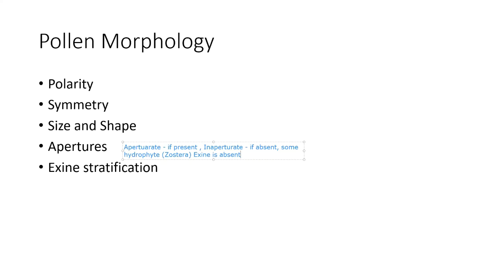But this is only about presence or absence. What about if present? What about the number? The number is also varying. The number of apertures is variable. It may be 1, it may be 3 or more.